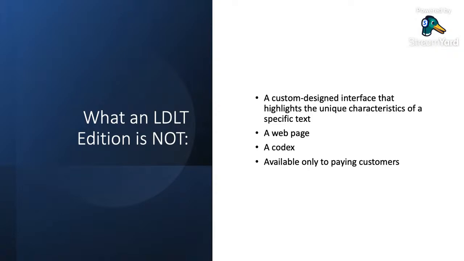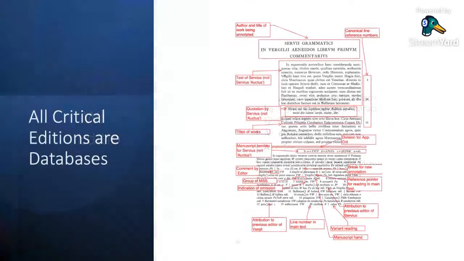So moving further into these editions, we have to talk about a critical notion, and that is that all critical editions as they are currently are actually databases. Those of you who have seen me talk about this before are familiar with this slide. This is the result of an exercise that we did where we looked at a standard critical edition and identified all of the different kinds of information that are encoded on the printed page.